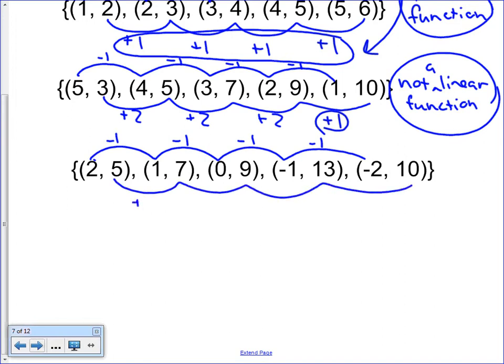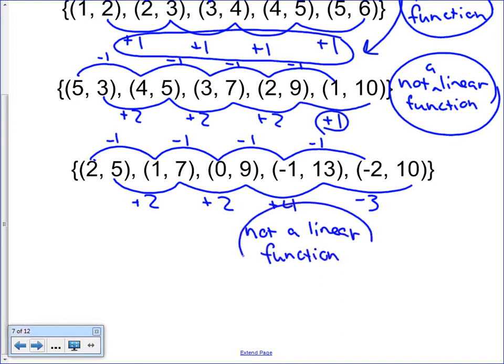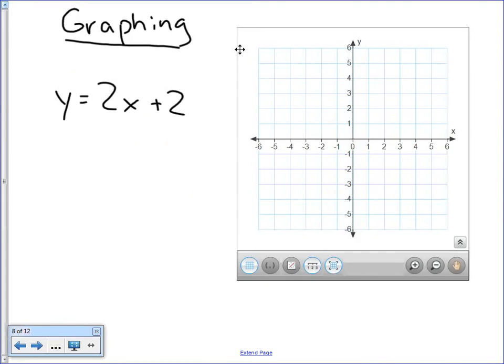So we go up 2, up 2, up 4, and then down 3. This one's kind of all over the place. So this one is not a linear function. We have to make sure those patterns are present all the way through the x values and the y values. So let's take a look at a few problems where we're going to graph some linear equations.